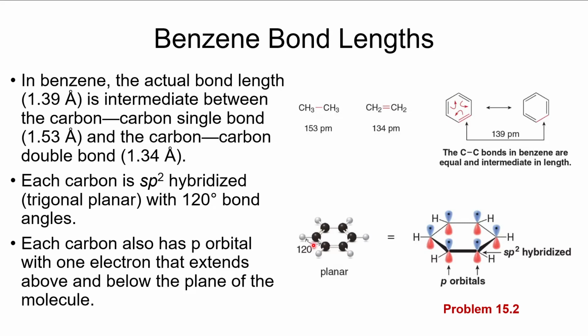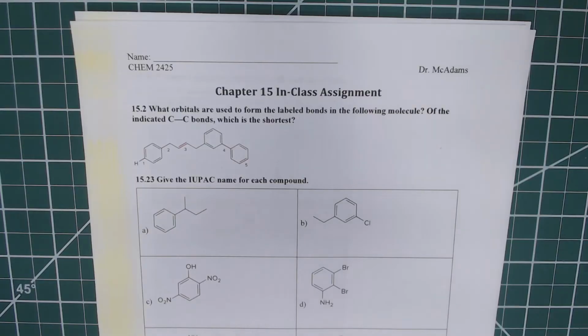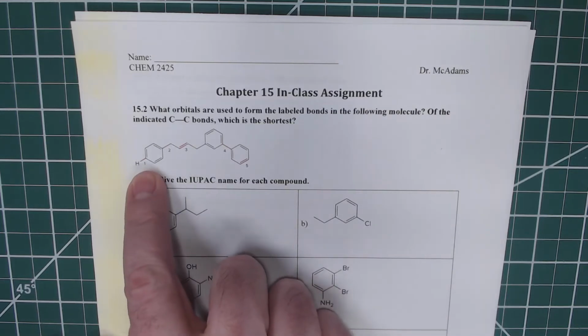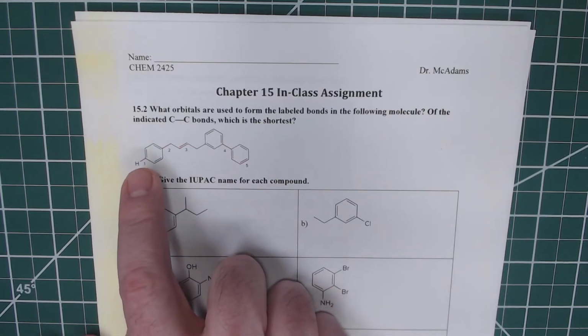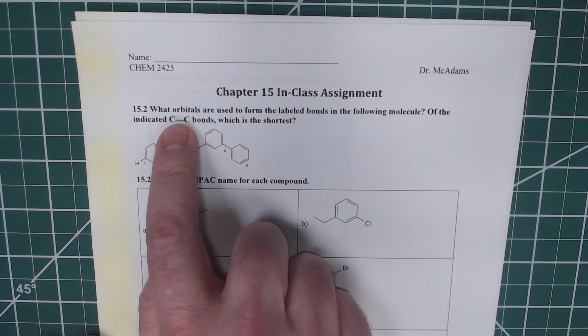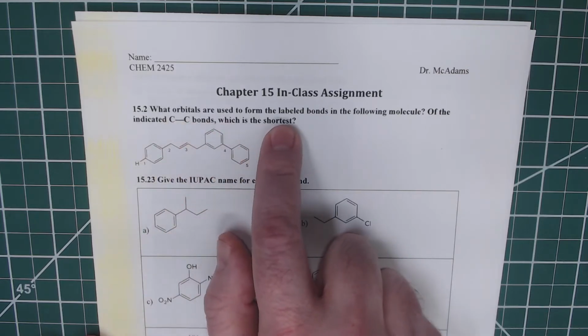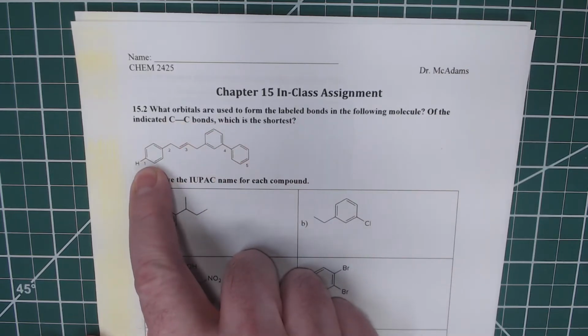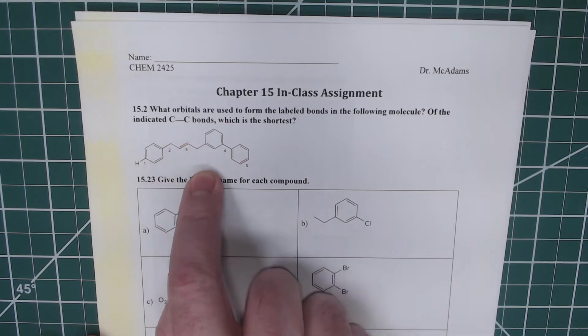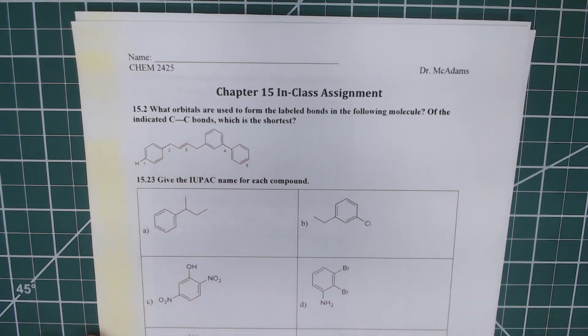So we want to look at number 2 on the in-class assignment. So we're going to switch over to the in-class assignment. Okay. And we want to look at each of these bonds. What orbitals are used to form the labeled bonds? We have bond 1, 2, 3, 4, and 5.